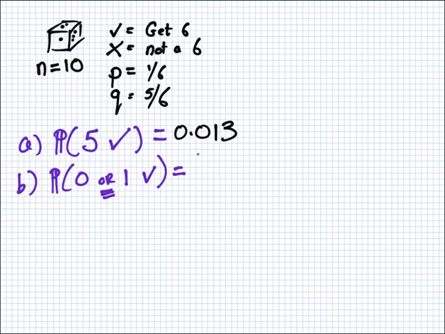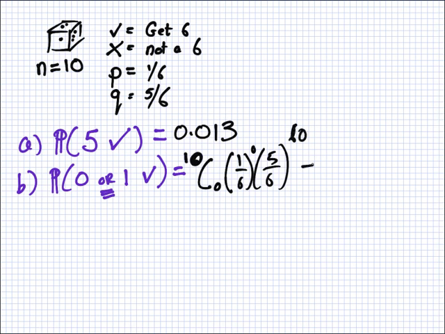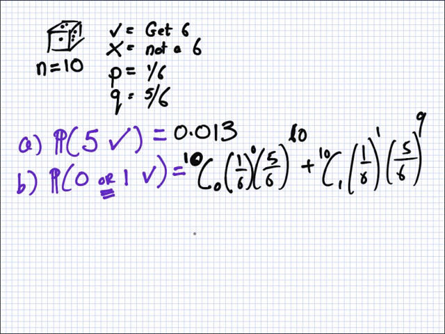So it would be 10C0, oh, sorry, I forgot, we wrote it 10 times. Plus 10C1, 1 over 6 and 5 over 6 to the power 9.